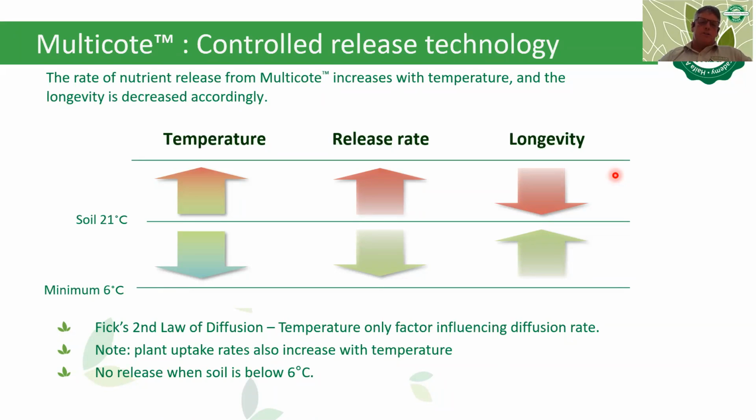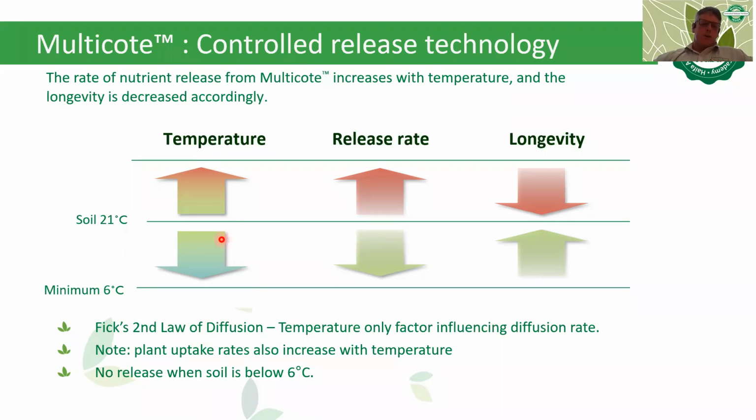Obviously, the warmer it is, it increases the rate of diffusion, and your product will have a shorter longevity. And vice versa, when it is cold, your release will be slower and your product will last longer. The test that we have done is that below 6 degrees, there's very little or almost no release. So basically, in any soil between 10 and 20, 25 degrees is optimal for the release rate to work. And that's important.